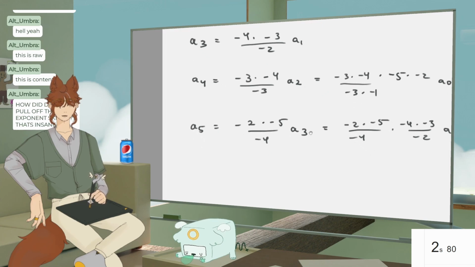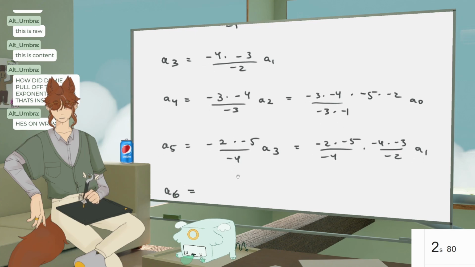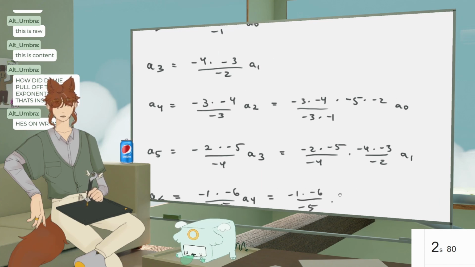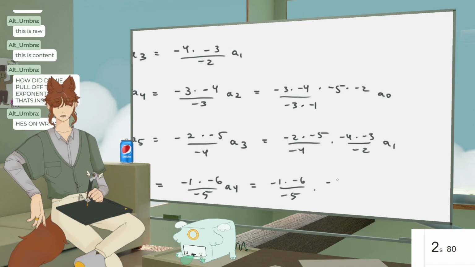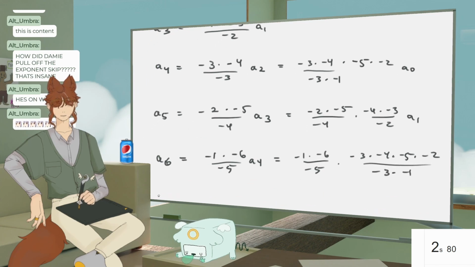That's insane. It's the factoring. The factoring is good times. Okay, negative 1 times negative this over... This is the craziest thing to speedrun because it's literally just numbers. Okay. Negative 3 over negative 5 times A4. Oh god. Negative 3 times negative 4 times negative 5 times negative 2. It's gonna get to 0 soon.